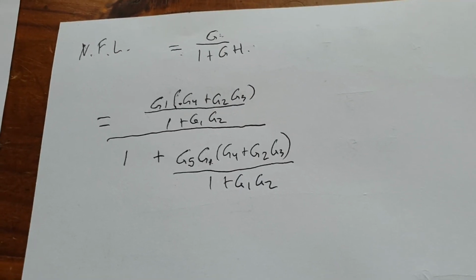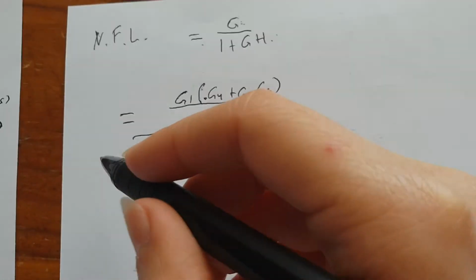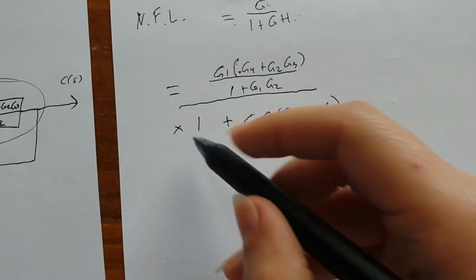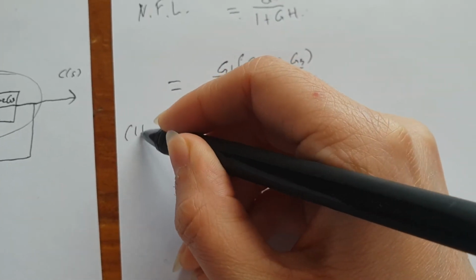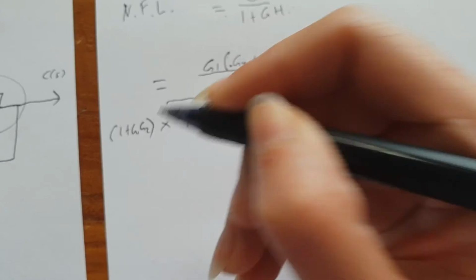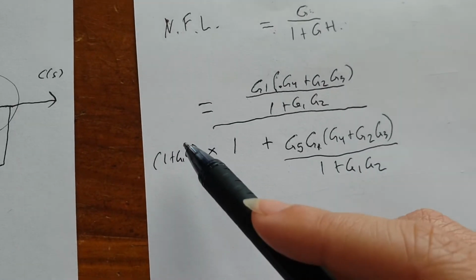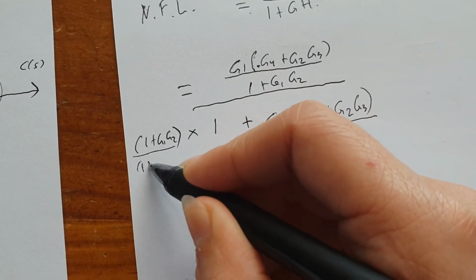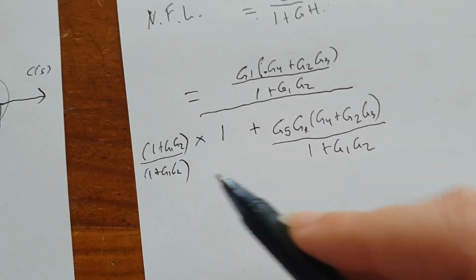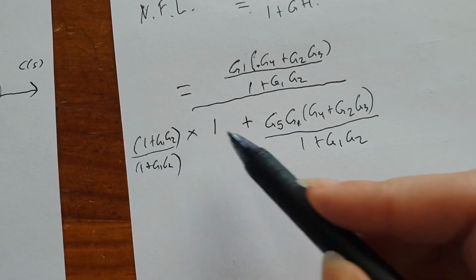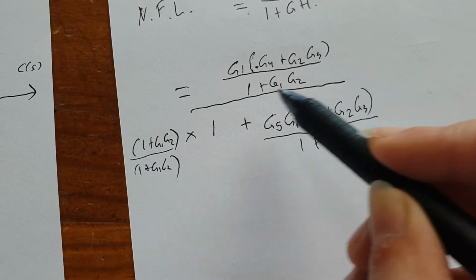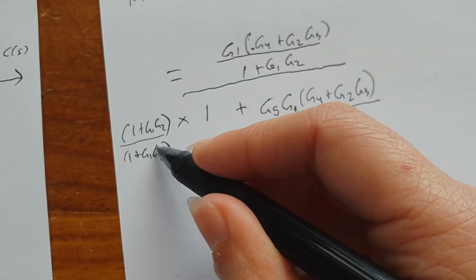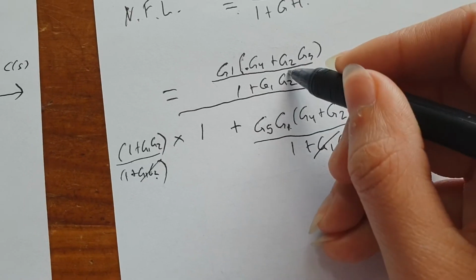So what we're going to do is times this one by our denominator here, 1 plus G1, G2. Now that we've done that, we've made the denominators the same for this whole denominator, and then we can cancel out this, and this.